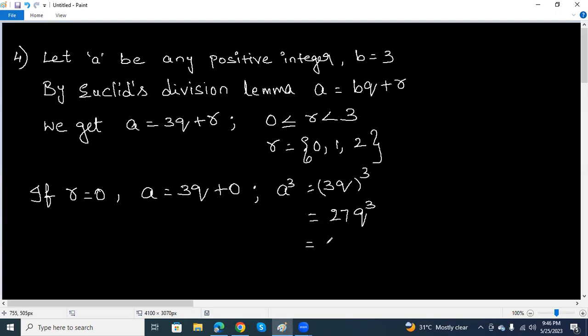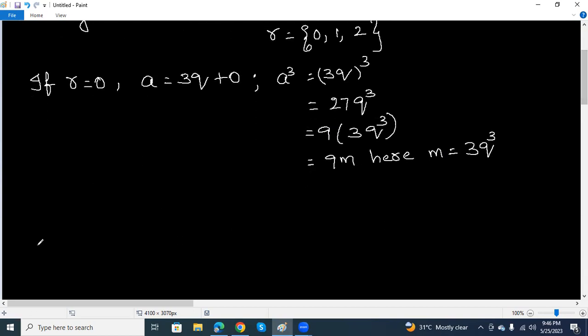Taking 9 as common, how many times does it divide 27? 9 threes are 27, so 3 times. So 9 into 3q cube. This is like 9m, where m value is 3q cube. It is in the 9m form.